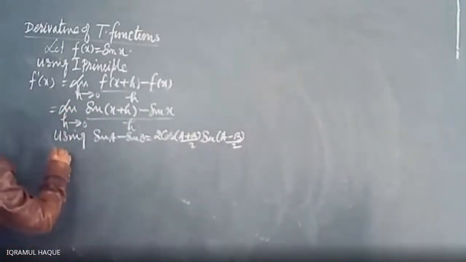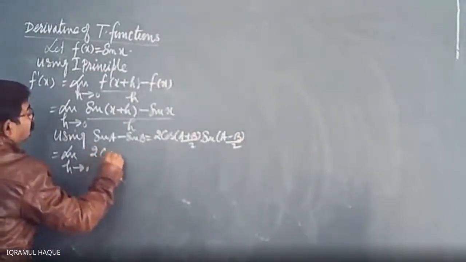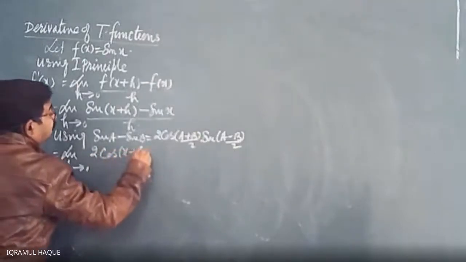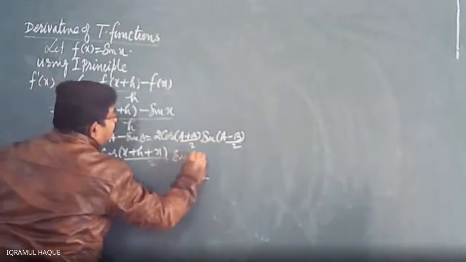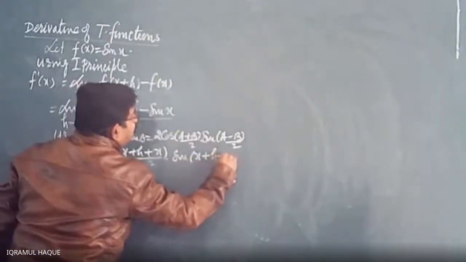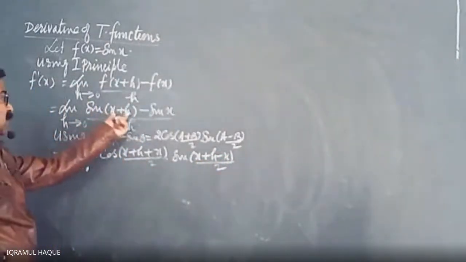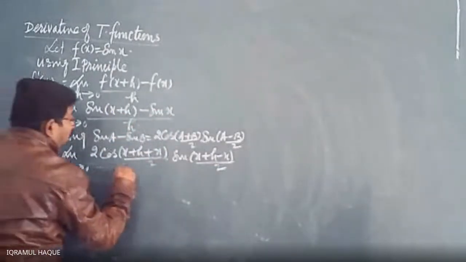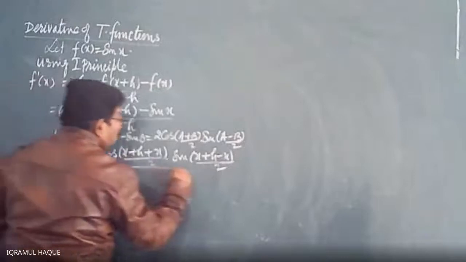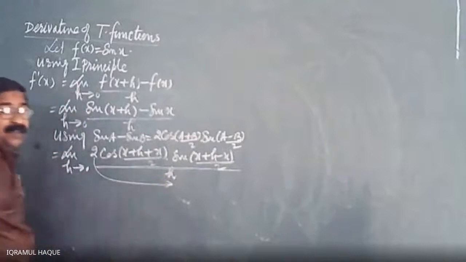So here we will use limit h tends to 0, 2 cos((x+h+x)/2) sin((x+h-x)/2). In place of A we have x plus h, in place of B we have x. So upon h, this 2 reverts to the denominator.